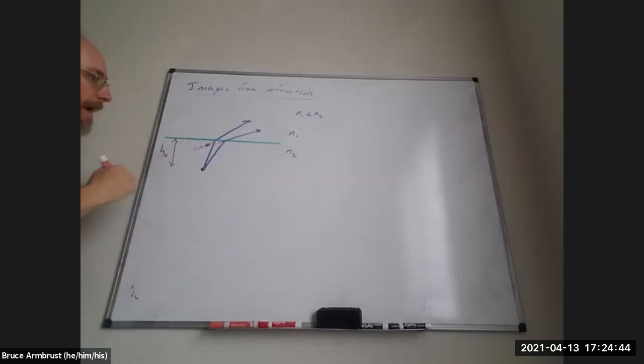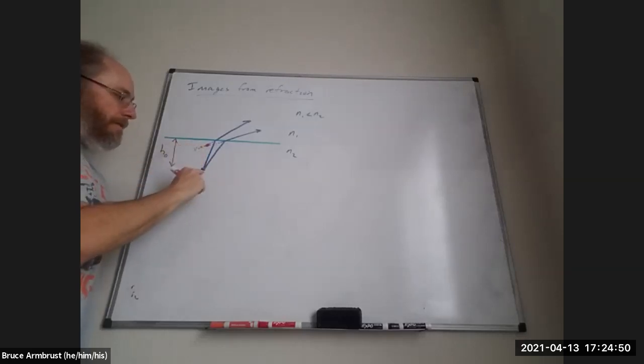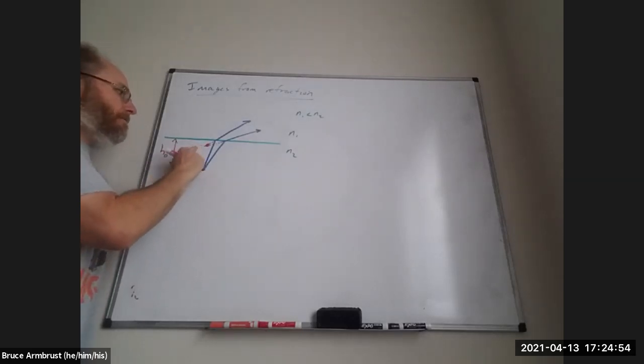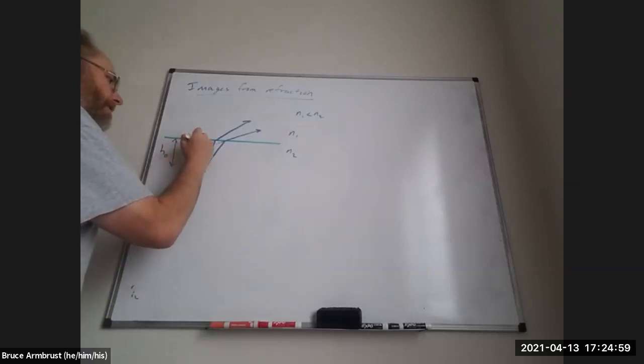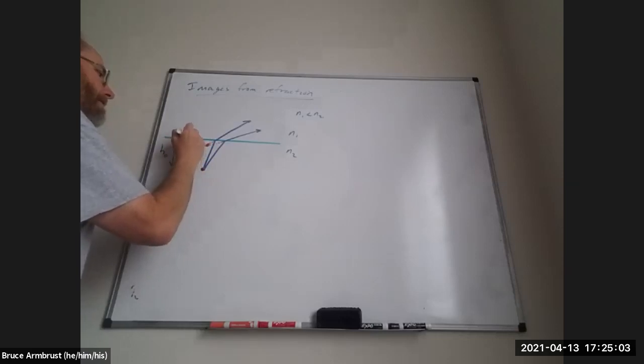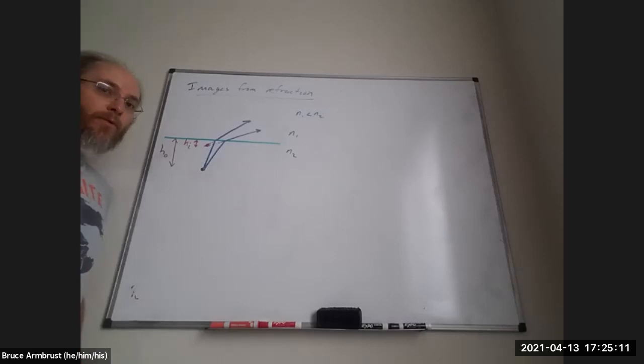So to our eye, it would look like that object is located up here at the pink dot instead of down at this maroon dot. Okay, so there's definitely a different apparent depth. I'm going to call that HI. And so the question is, what is that HI?